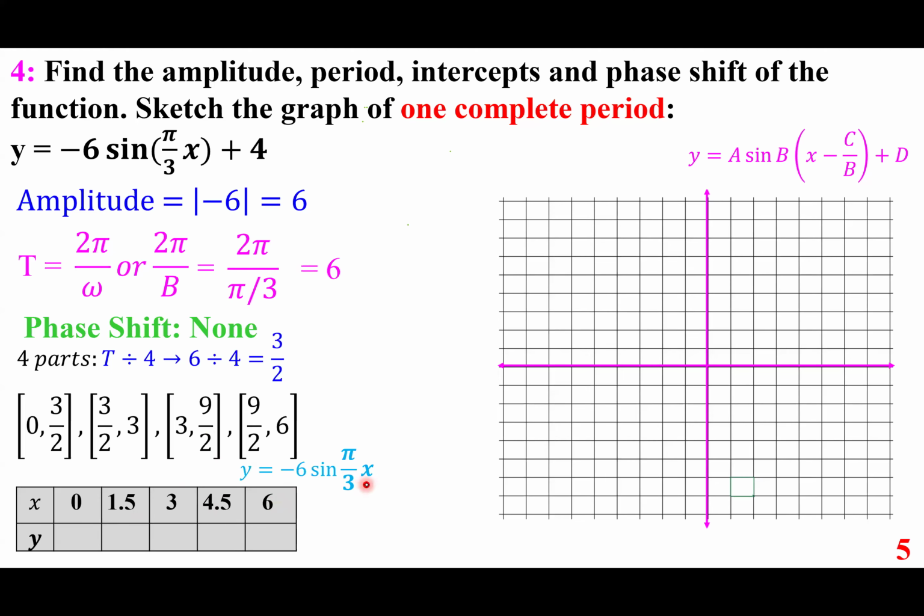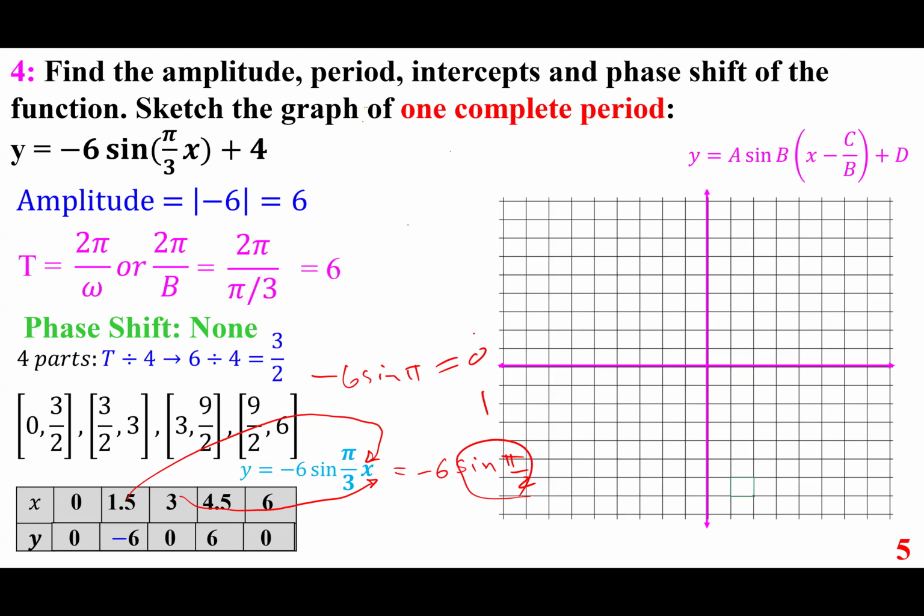If I put 1.5, just for the sake of argument, I get minus 6 sine of pi over 2. Sine of pi over 2 is 1, so I get minus 6. If I put 3, I get minus 6 sine pi, which is 0 because sine pi is 0. And I'm going to assume you can figure out the rest of it accordingly.